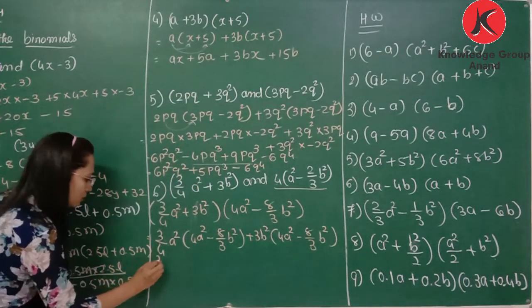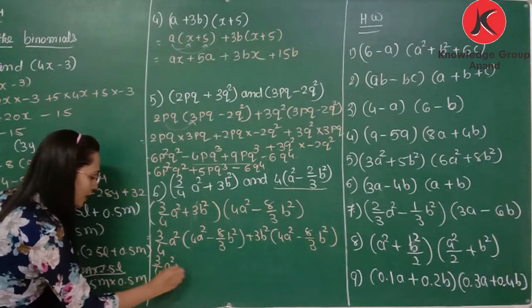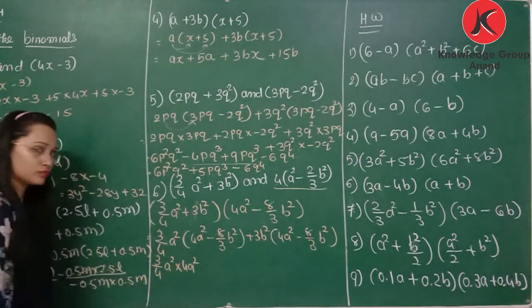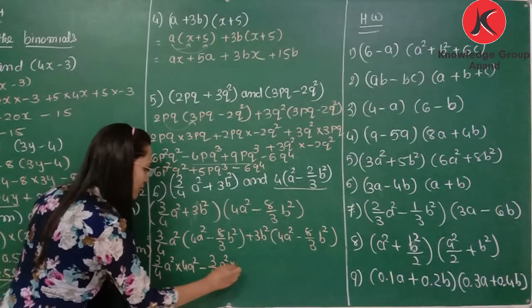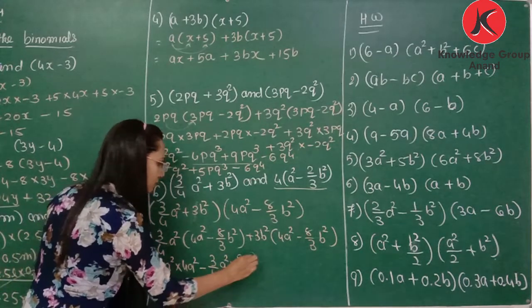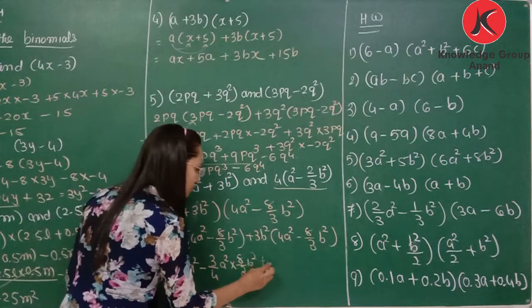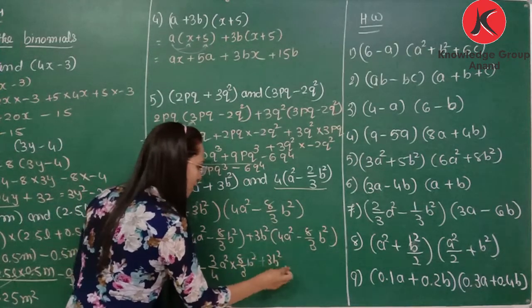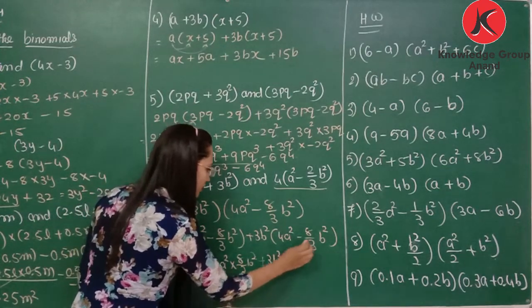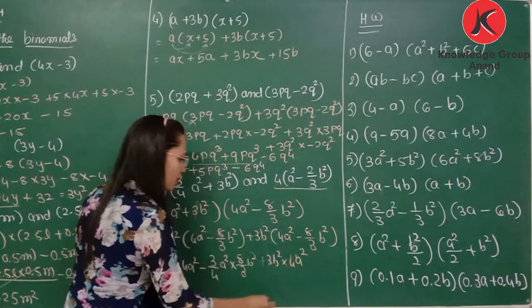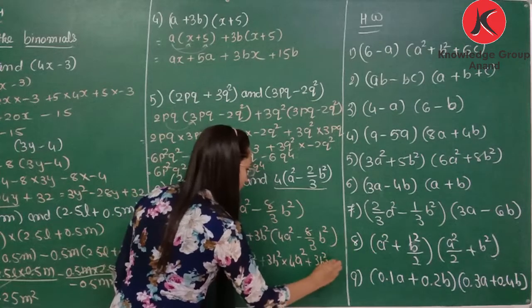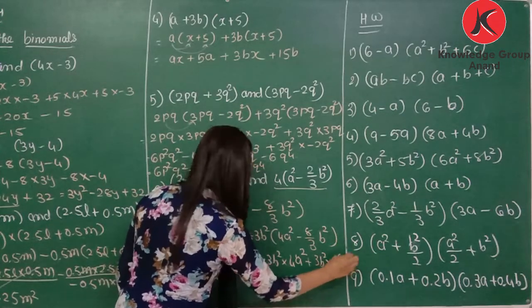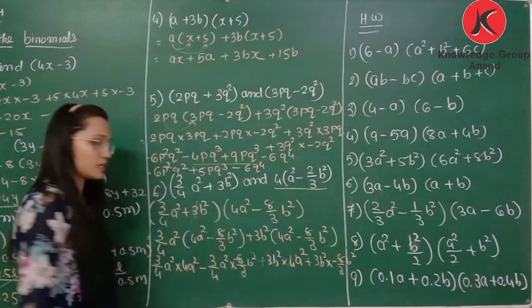So here 3 by 4a square multiplied by 4a square, minus 3 by 4a square multiplied by 8 by 3b square, plus 3b square multiplied with 4a square, plus 3b square multiplied with minus 8 by 3b square. Here it is also minus 8 by 3.